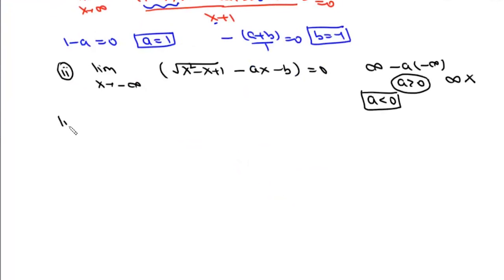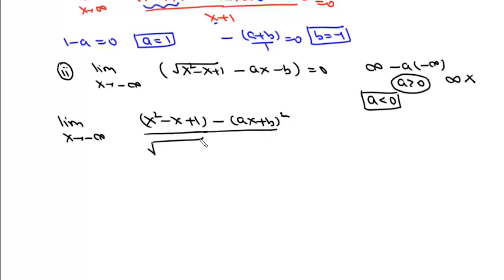Now we can write this as limit x tends to minus infinite. Now we'll rationalize it. So we'll write this as x square minus x plus 1 minus (ax plus b) whole square, whole divided by under root of x square minus x plus 1 plus ax plus b, and it should be equal to 0.